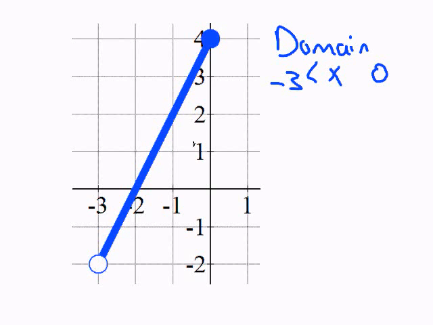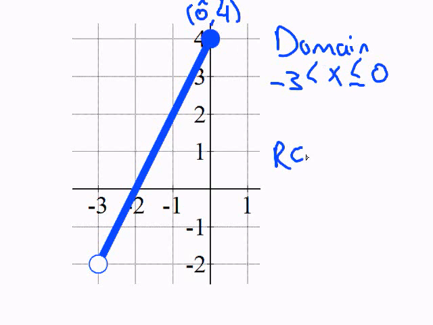You can't use a filled in circle. And our rightmost value is 0 with a closed circle because it actually touches 0 on the x-axis. By the way, that point is 0, 4. The x value is 0, the y value is 4. Since we're talking about domain, our x values, it stops at 0.